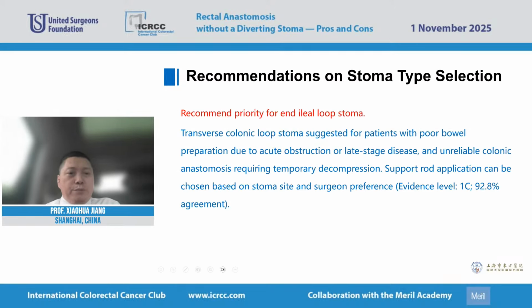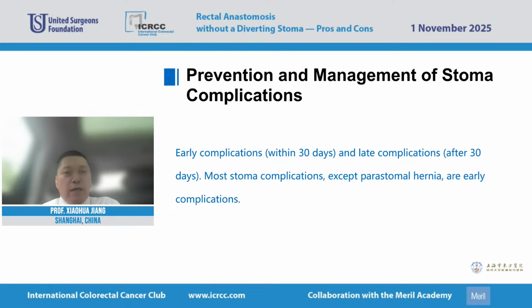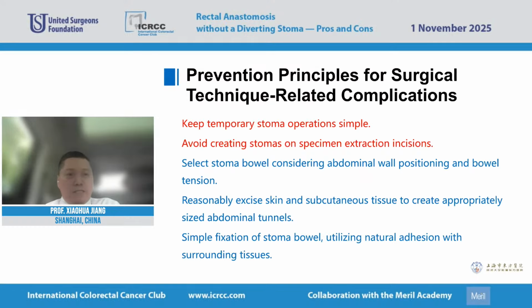And we recommended, I think, for colorectal cancer, priority for end loop ileostomy is recommended, and colostomy is seldom used. And we describe how to prevent and manage the stoma complications, including the early complications within 30 days and late complications.